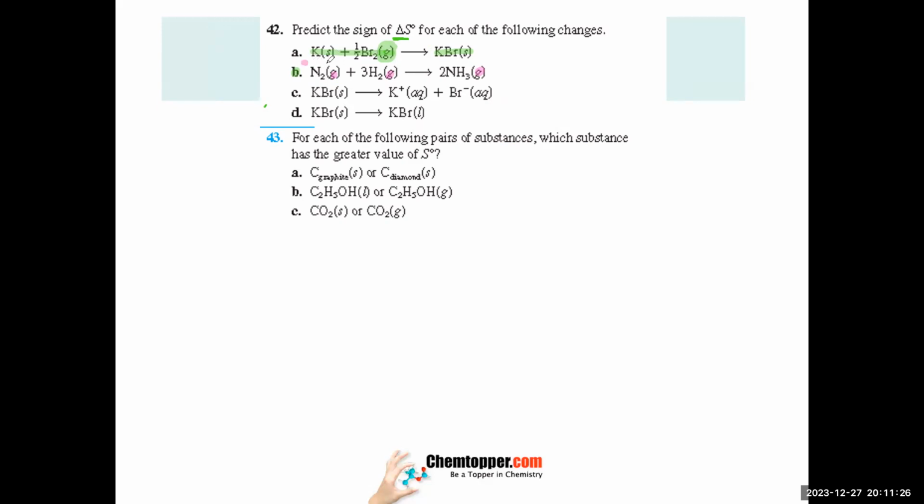How many moles are here? How many moles? 4. How many here? 2. So is it increasing or decreasing, Atharva? No, I'm not getting. This is not a mixture.